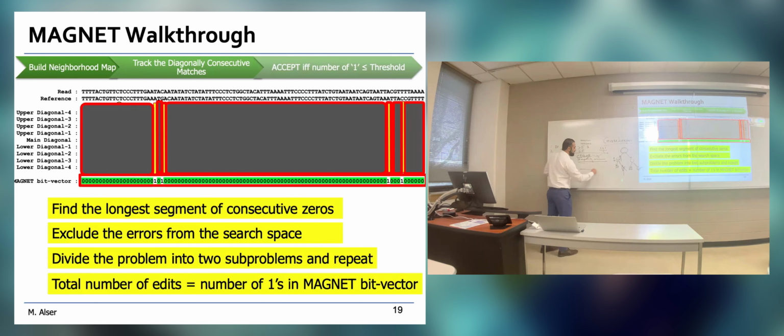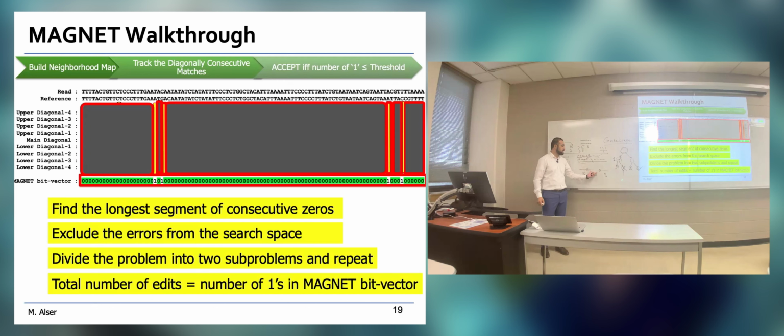Now if we have the CIGAR string as this, we have matches, edit, matches, edit, and matches. What will happen? How many subproblems will we have? 3, right? So assuming this is 10 matches, 30, this is 8. What will happen? MAGNET will detect this first, right?